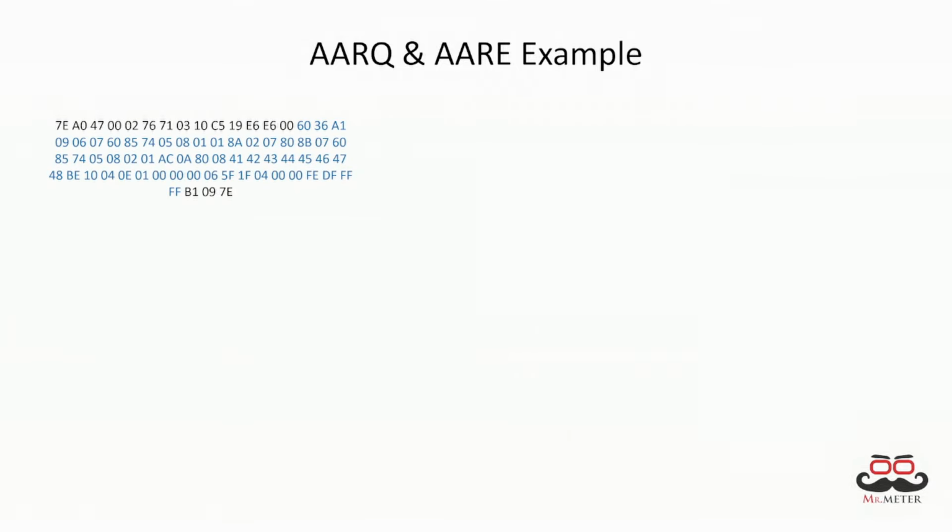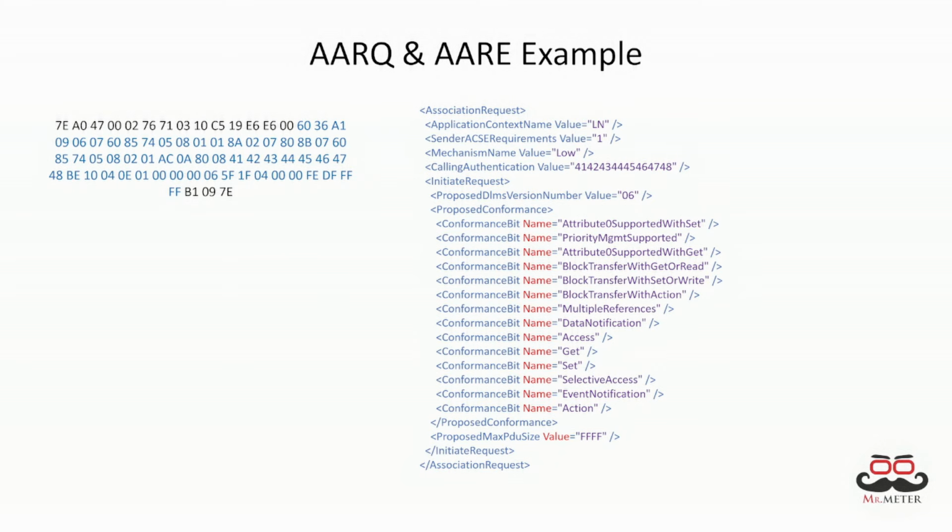The association request, which is highlighted on the left side, consists of the data here, as you see, and contains conformance bits, proposed DLMS versions, and many other things that we discussed earlier.